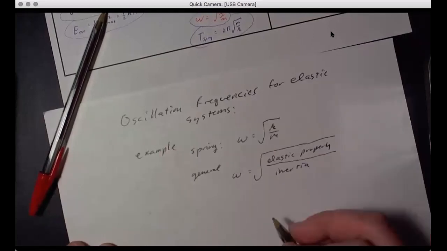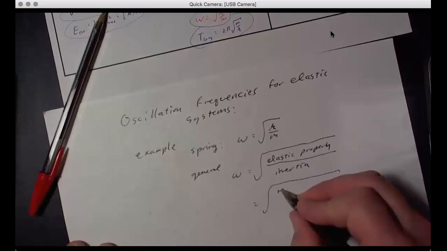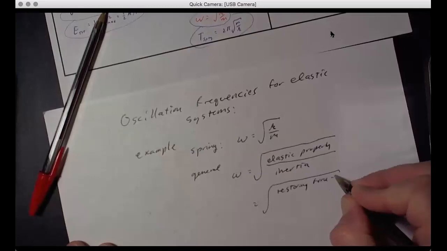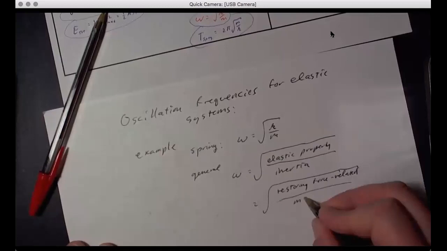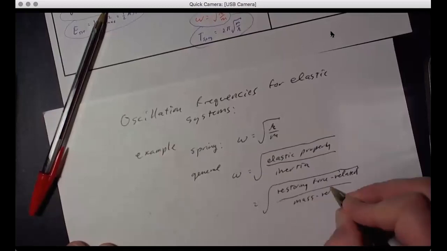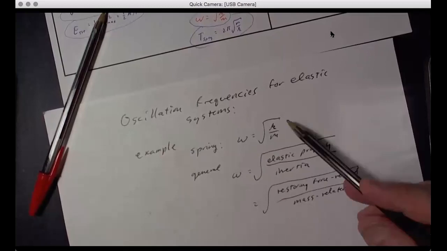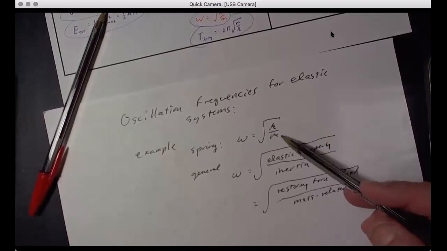Or another way to put it is the square root of the restoring force related over mass related. Okay, and in this example, the spring k comes in the restoring force, right? The kx coefficient, and the mass is clearly mass related.